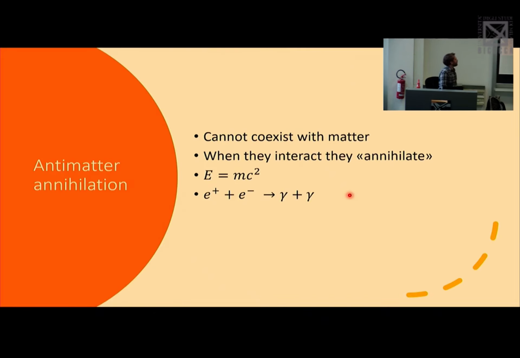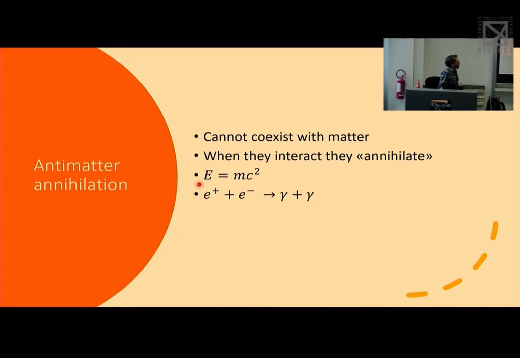So the deal with antimatter is that it cannot coexist with matter because when they interact, they annihilate. And due to Einstein's conservation of energy and mass, if mass disappears, energy must appear from somewhere. And so there is the process of annihilation.